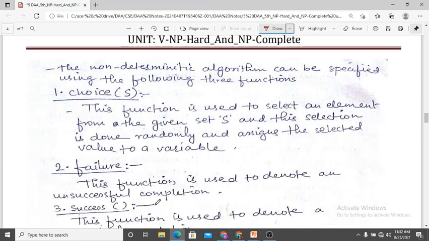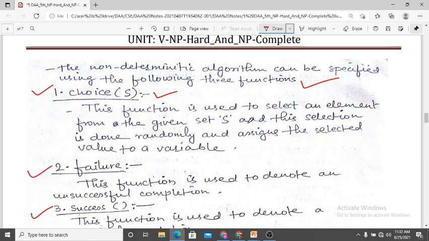A non-deterministic algorithm can be specified using the following three functions. What are the three functions? As I told you, the first is choice, then failure and success. So what is choice?